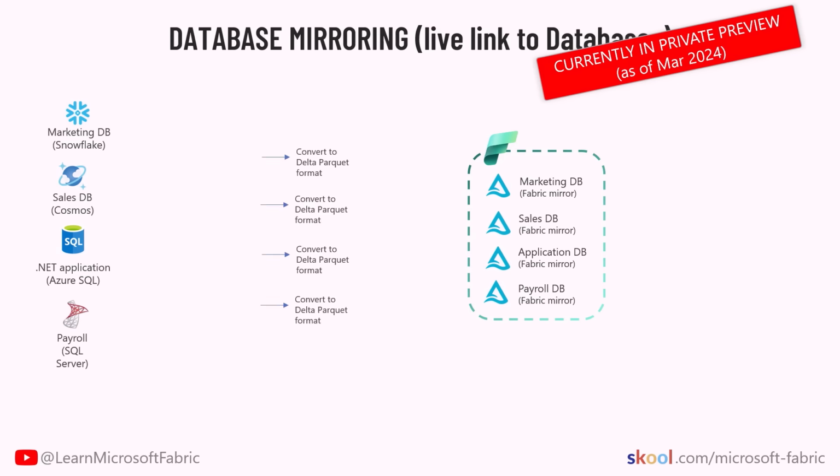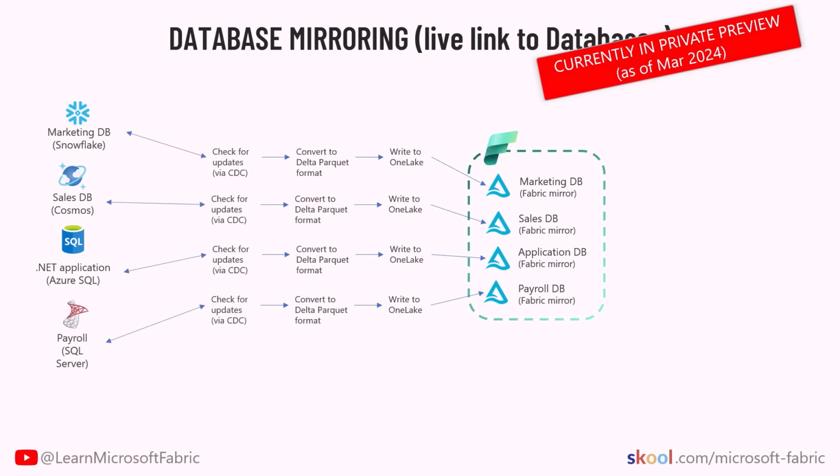What we're going to do is the first time that you set up database mirroring, it's going to convert the tables that you have in the source database into Delta Parquet format, and it's going to write them into OneLake. And then what it's going to do is set up kind of like a subscription to that database that's going to check for updates.